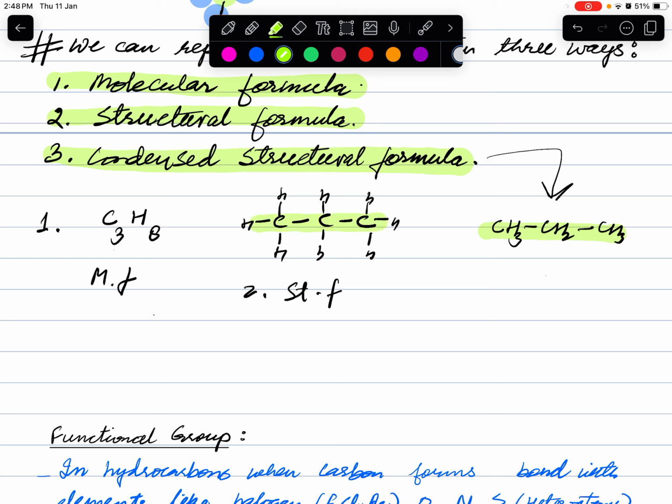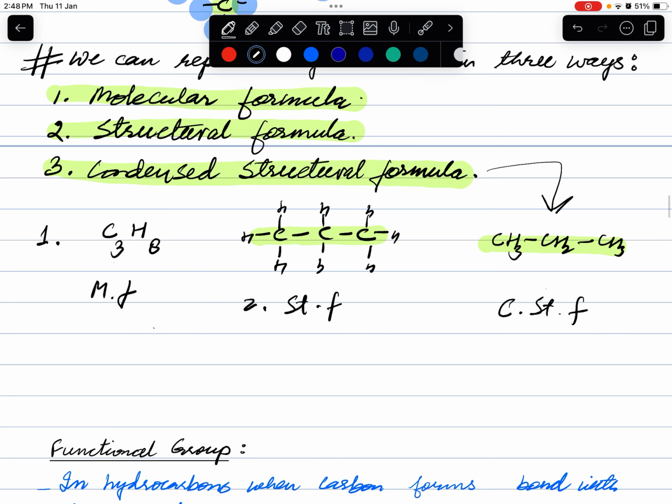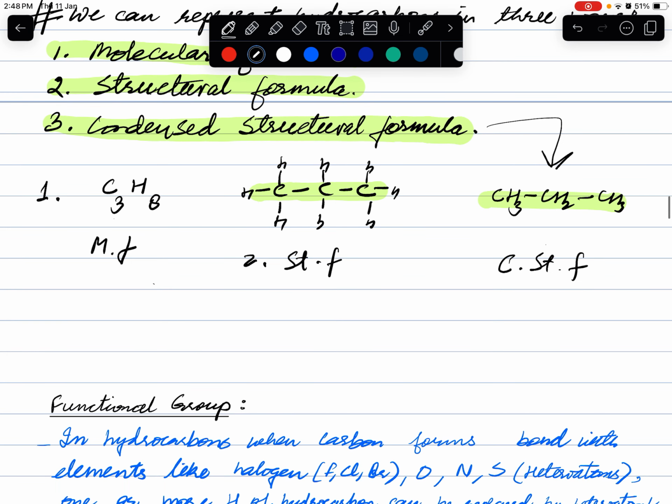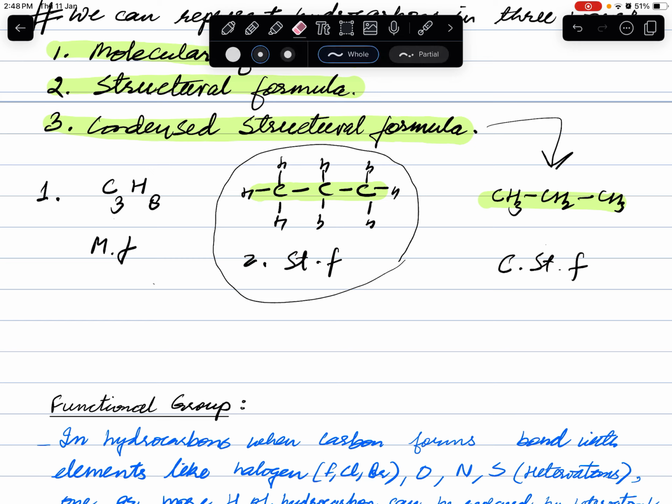But this formula does not show all the bonds. Only carbon-carbon bonds are shown. So this is the condensed structural formula. Any hydrocarbon can be depicted by any one of these. If you have to name the compound, then correct naming is always done when you represent the compound in the form of its structural formula.